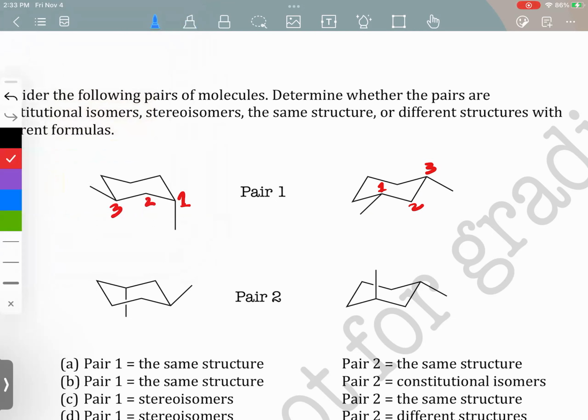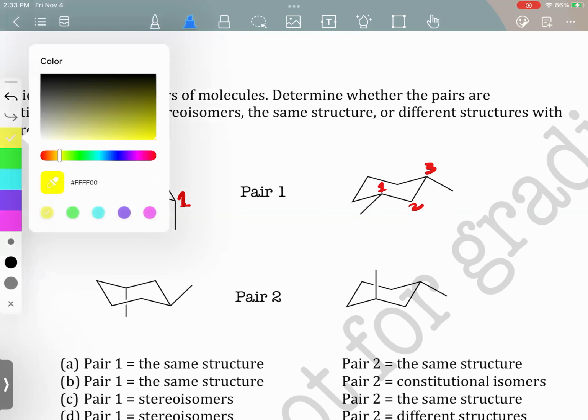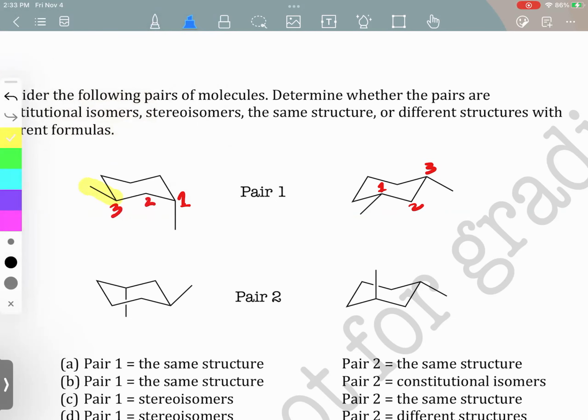In the molecule on the left, what's different about these substituents than the ones on the right? What, axial and equatorial? Maybe something like that. They are in axial and equatorial positions, but what do you notice about the methyls in the left molecule versus the methyls on the right?